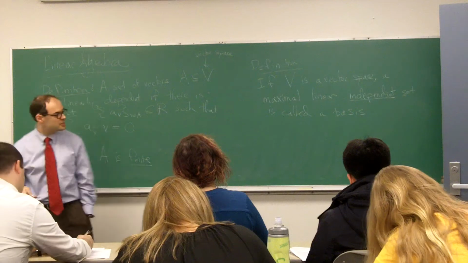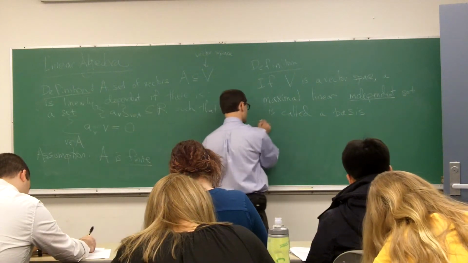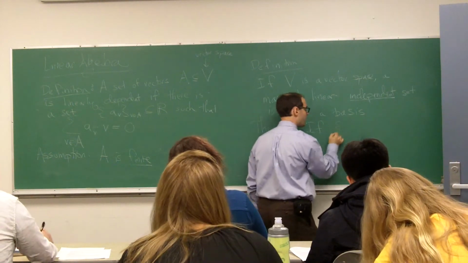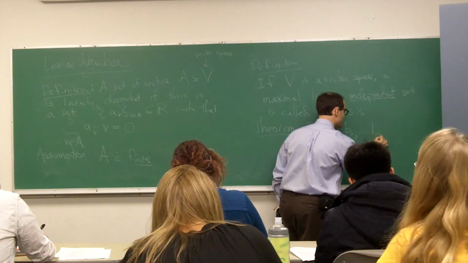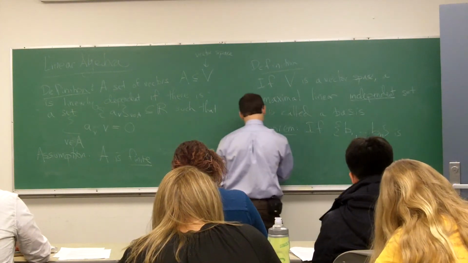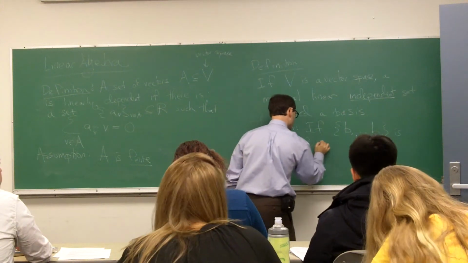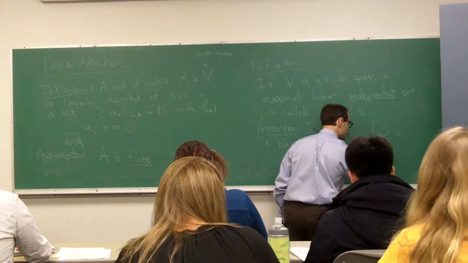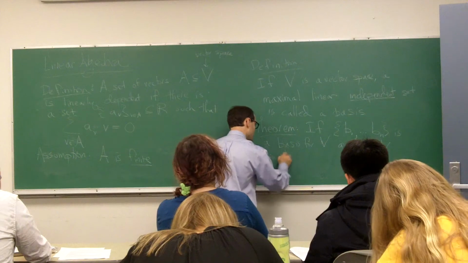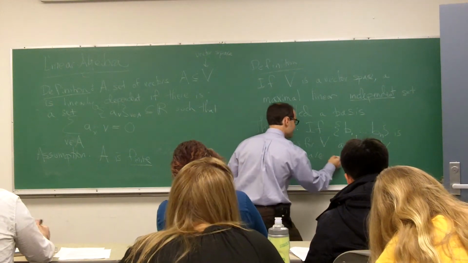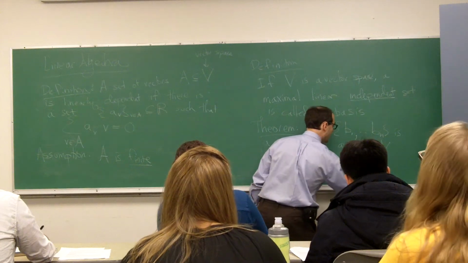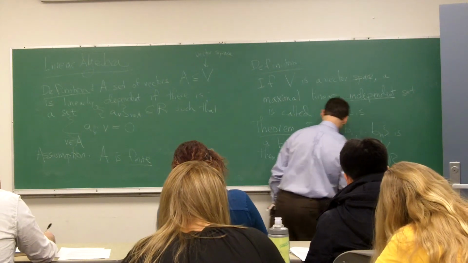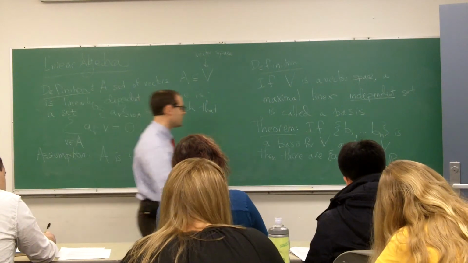And the observation is, theorem: if a finite set B1 through Bn is a basis for V, and this is capital V, and little v is in big V, then there are A1 up to An in R such that I can do the same kind of sum and recover v.